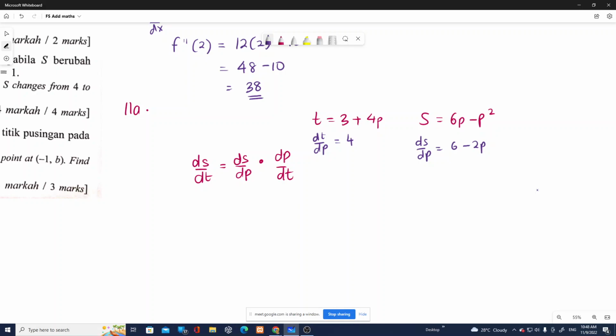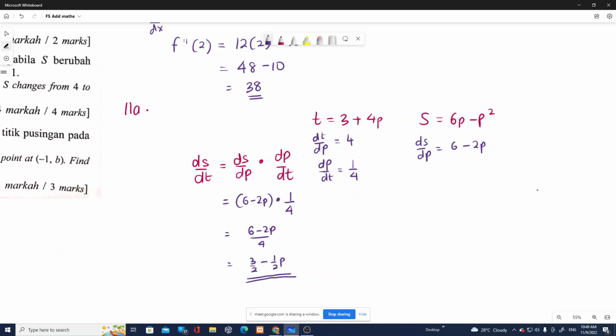Maka kita boleh gantikan ds per dp sebagai 6 tolak 2p darab dt per dp, jadi kita terbalikkan, dp per dt bersamaan 1 per 4. So dp per dt darab dengan 1 per 4. Then you will get 6 minus 2p bahagi 4. That will give you 3 per 2 tolak 1 per 2p.